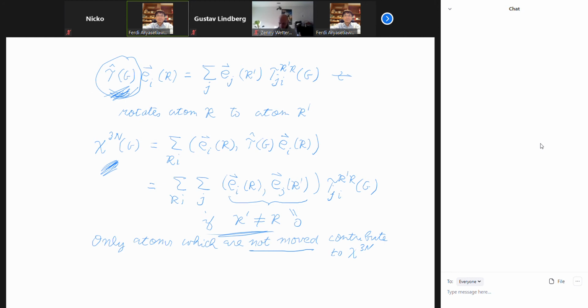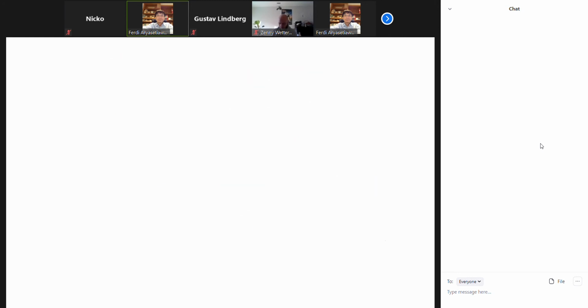So if we look at then the character, this 3n representation is then given by the sum over R, I of the trace of R prime, R, I, I. So the R prime must be equal to R. And this is just the number of atoms unmoved by the symmetry operator, and multiply by the character of the three-dimensional representations with the Cartesian coordinates as basis.